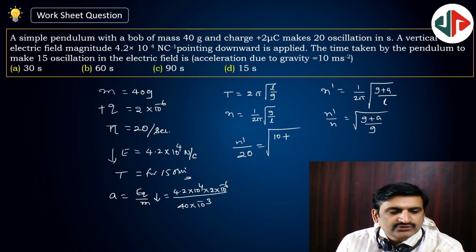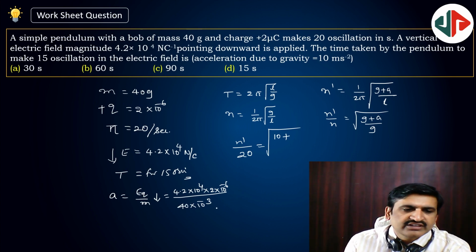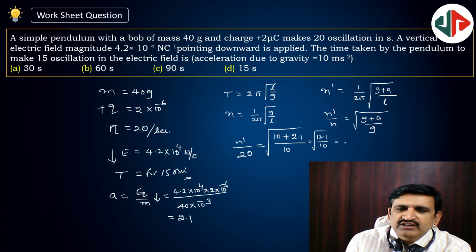So it is 2.1 roughly, right? 2.1. So 2.1 plus this 10, so root over 12.1 by 10, 121 by 100, 11 by 10. So N dash is equal to 22, which will be the new frequency. And time period is 1 by 22.